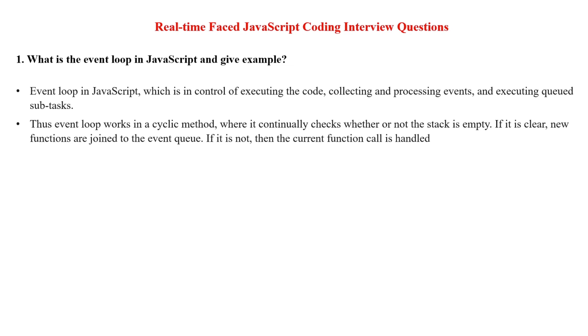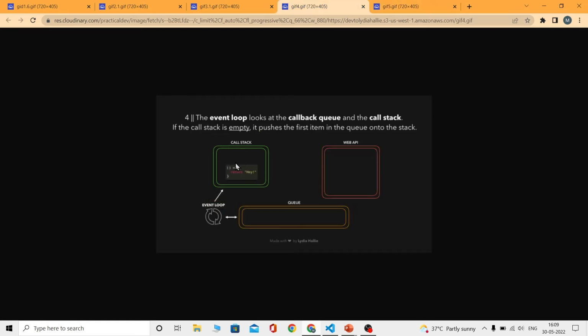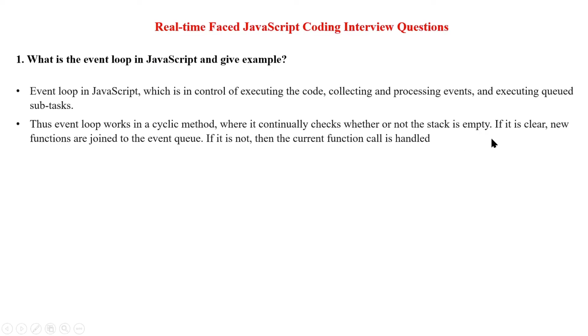The event loop works in a cyclic method, where it continuously checks whether or not the stack is empty. It is continuously checking whether the call stack is empty or full. If it is empty, the queue will be pushed here. If it is not empty, it continues to process what we have in the call stack. If it is clear, new functions are joined from the event queue.